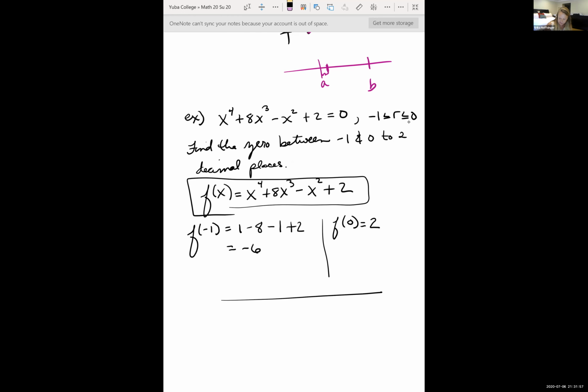We have -1 here. So maybe let's try -0.9, -0.8, -0.7.